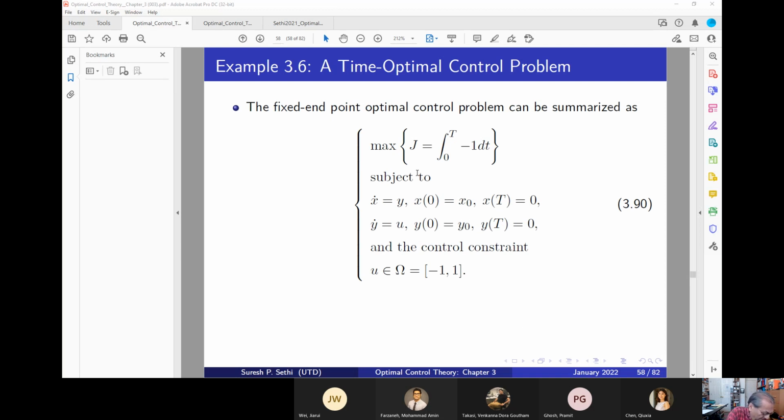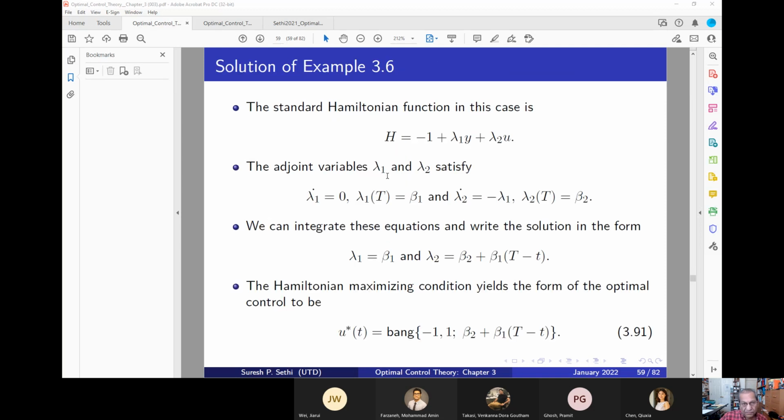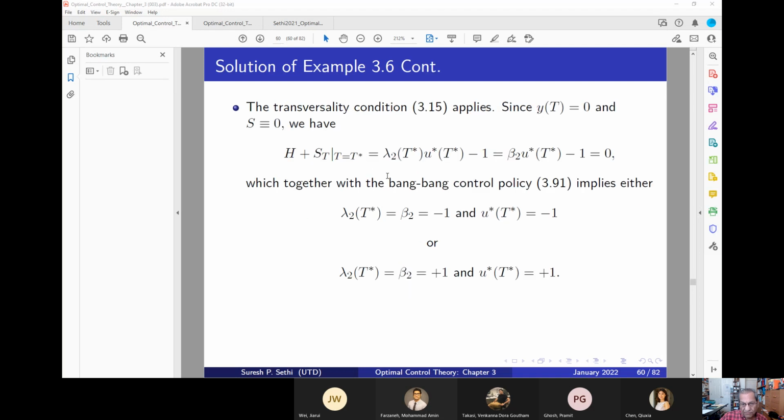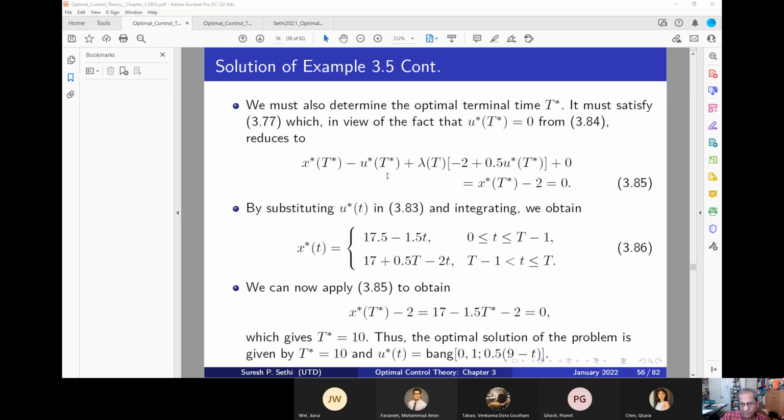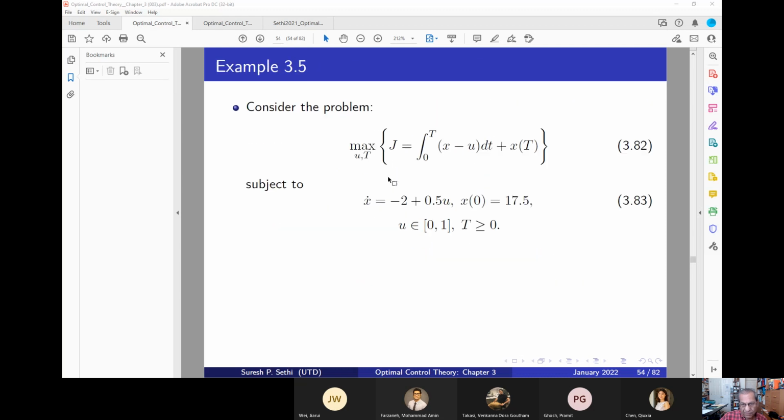So new exercise, relating to example 3.5.